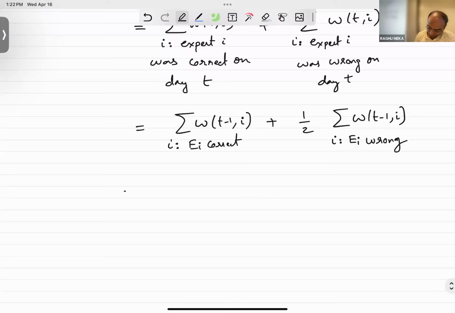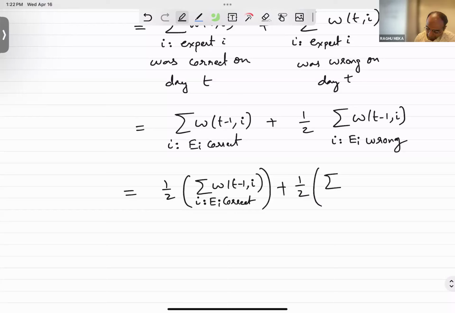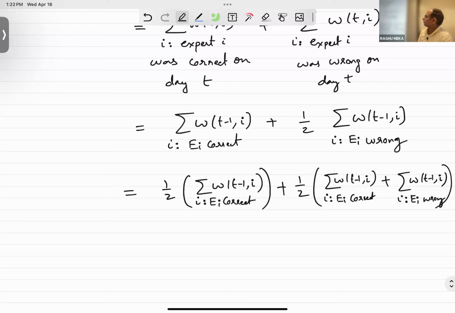So I can write this as half of... I'm just splitting this into half and half so that the accounting becomes easier.